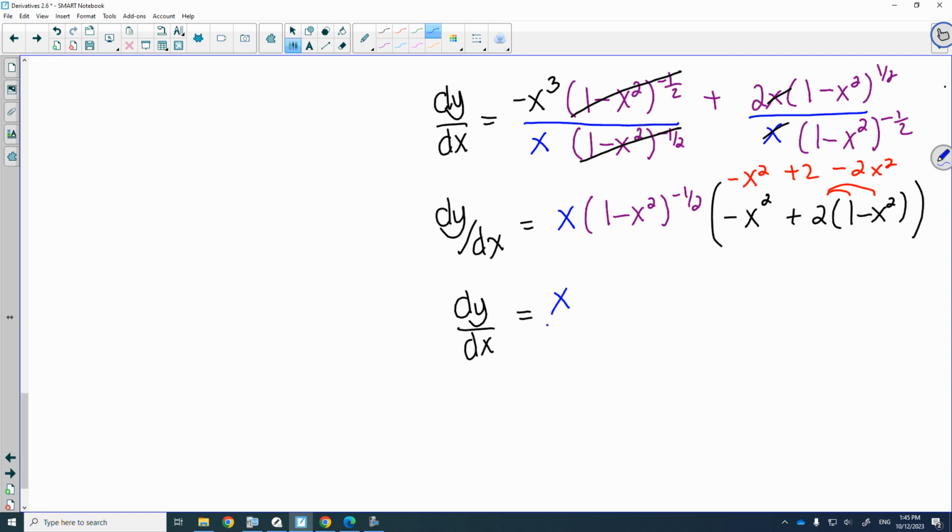Are you okay if I take this and write it in my denominator to make it positive? So I'm going to write that in my denominator, and I'm also going to write it as a radical. So that would be the square root of 1 minus x squared. And then this would be minus 3x squared plus 2. And that would be the derivative.